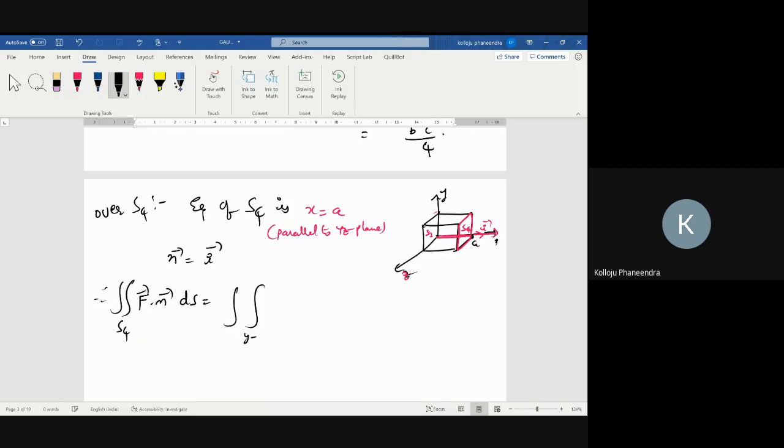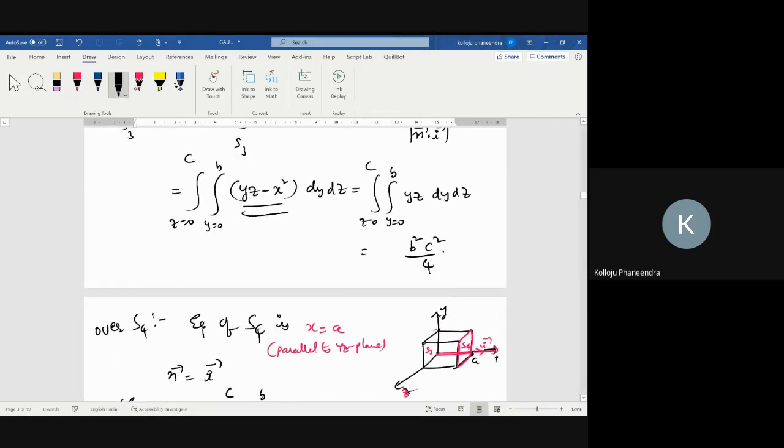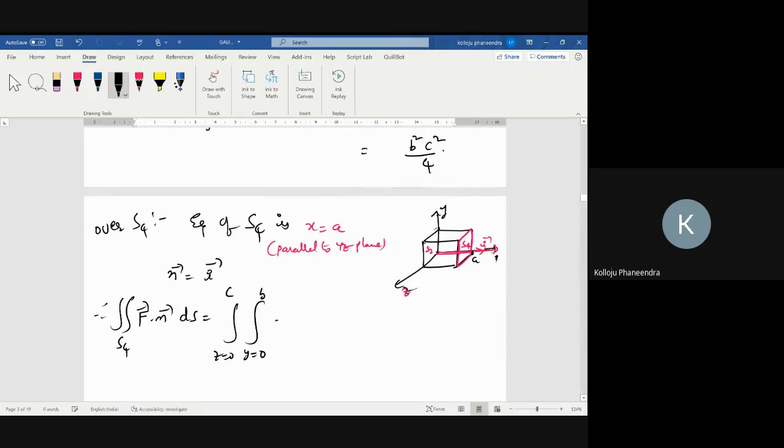Therefore the double integral over S4 of f bar dot n bar dS is equal to, I can write directly, the YZ plane, y from 0 to b, z equal to 0 to c. And what is this one? Same as before, there the negative was there, now positive. This is x square minus yz, dy dz by n bar dot i bar. So this is equal to the double integral, what is the x value now? a square minus yz dy dz.